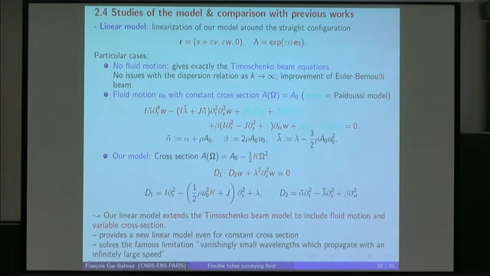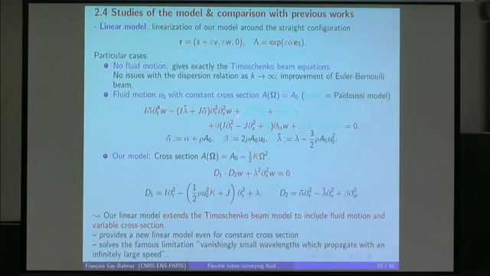It's more precise than the Euler-Bernoulli beam equation. So, of course, consistently when we linearize this, we get a Timoshenko beam with fluid inside. And for example, an improvement of the Euler-Bernoulli beam with fluid inside has been done. This is the green term here, due to Païdoussis and co-authors.